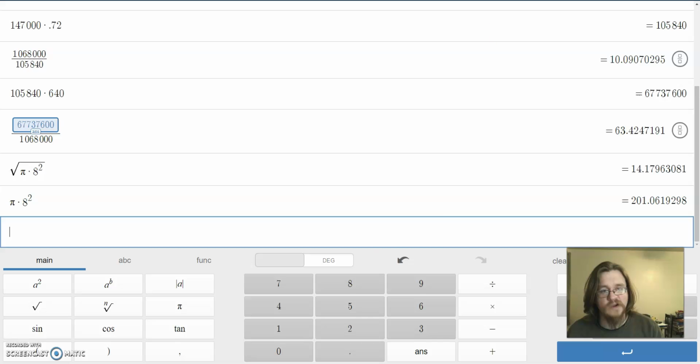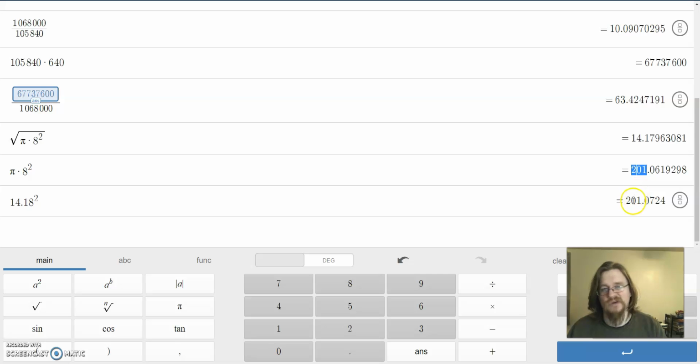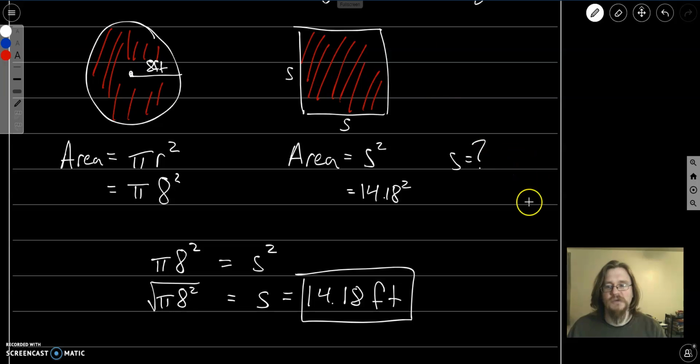So let's plug this into our calculator. 14.18 squared. Enter. 201 point some things, and these are nearly identical. The only difference will be, well, we rounded, so our numbers aren't exact. But we do get the same area, or roughly the same area, for the circle and for the square. So we had to do something right.